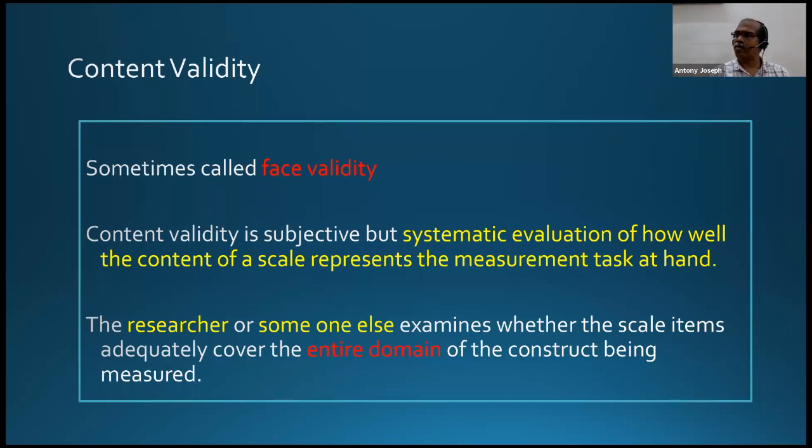Now, I would like to cite a question raised by a participant last day. I was not able to answer that query. How many statements are required for the measurement of a particular phenomenon, or how many statements are required in a scale?